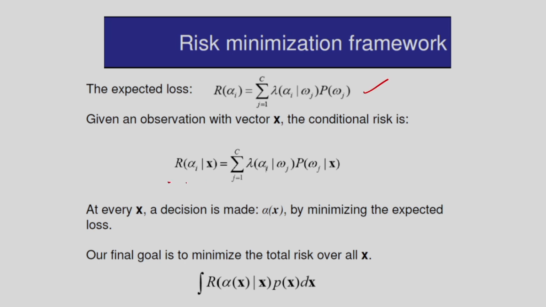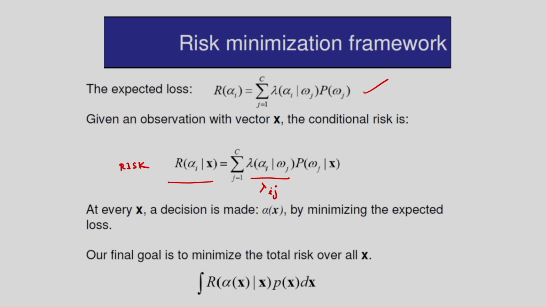The action alpha i I am considering for the feature vector x, and that is nothing but the risk R of alpha i given x that I am determining. This is the sum of lambda of alpha i given Wj times probability of Wj given x. So this is nothing but lambda ij.